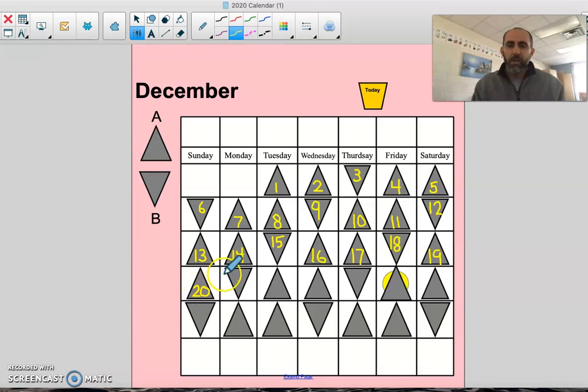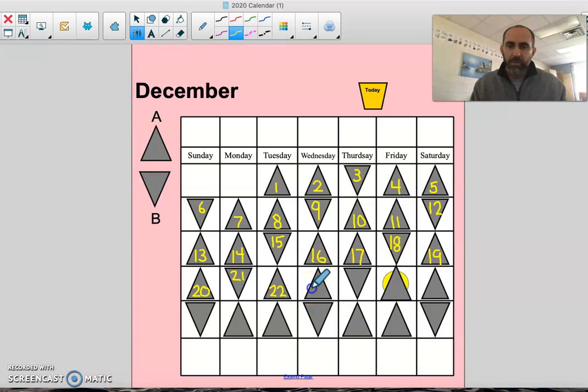After 20 comes 21. To make a 21, I need a 2 and a 1. And that makes 21. After 21 is going to be 22. So I'm going to put a 2 and a 2 to make 22. After 22 is 23.